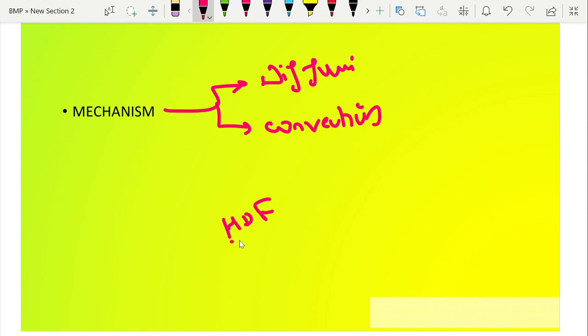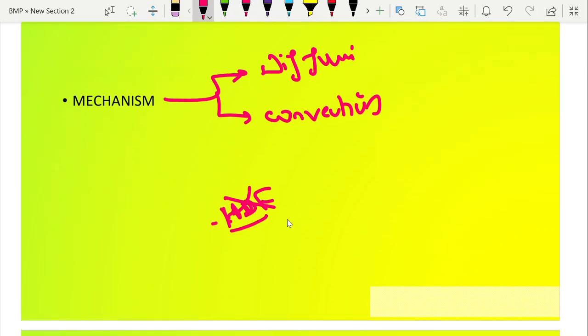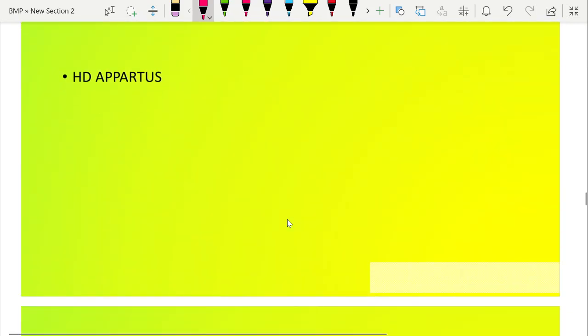Hemodiafiltration is there. Probably in the theory exam they might not expect hemodiafiltration in an entrance. Probably a few questions might come, but for theory you can skip hemodiafiltration. So what is the mechanism? Diffusion and convection.